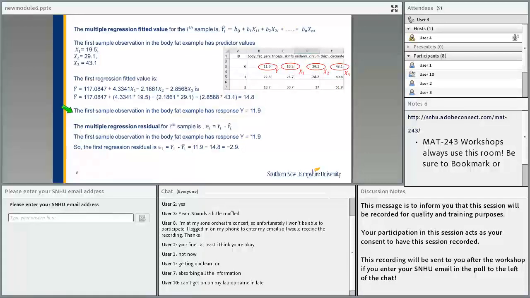That is the expected value. But when you did the experiment or the survey, the observed value was 11.9, and that's from the CSV file. So now we have to find the residual. The residual is observed minus the expected value. So the first regression residual is going to be 11.9 minus 14.8. That's negative 2.9.